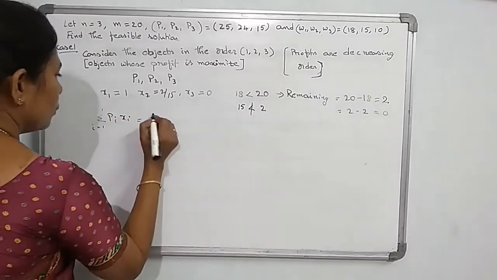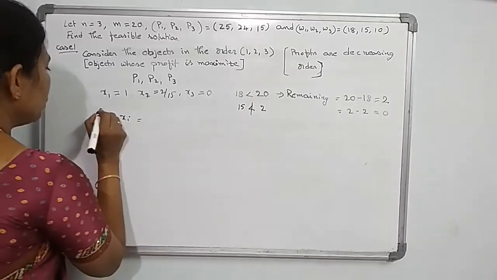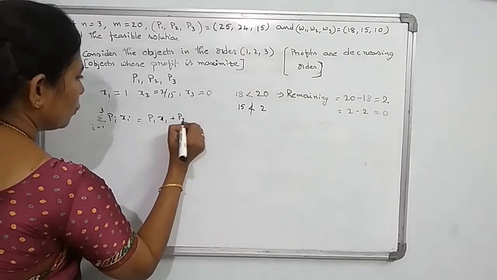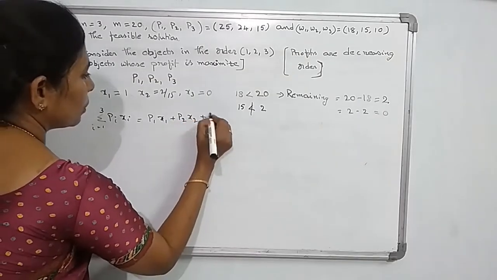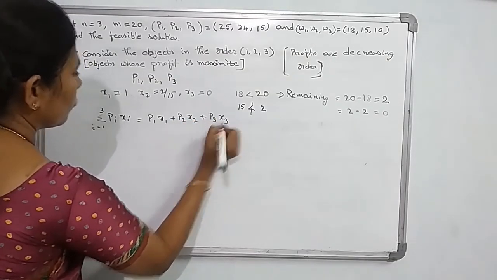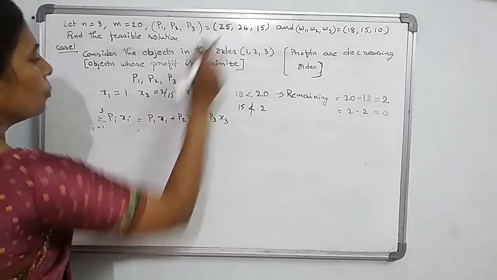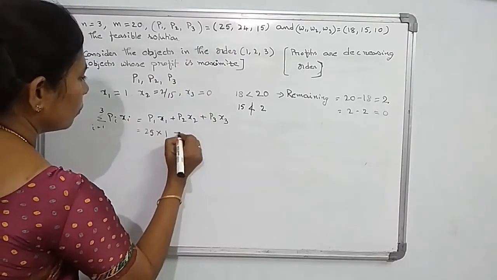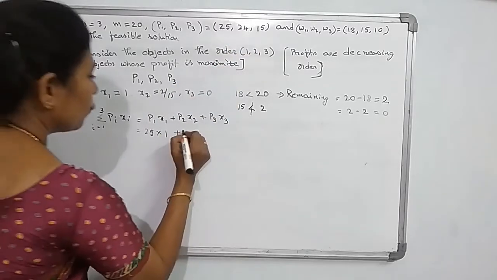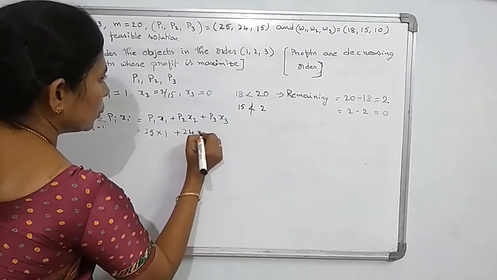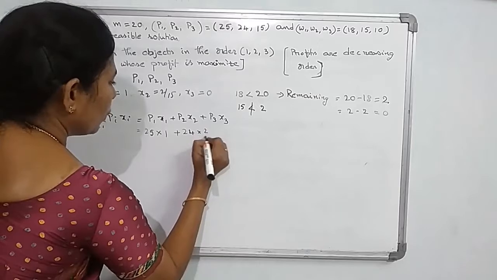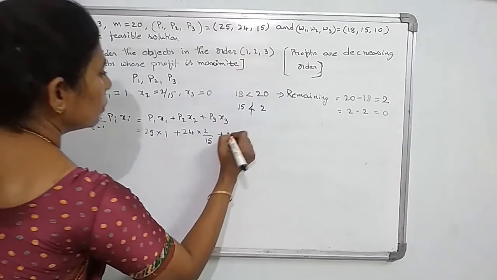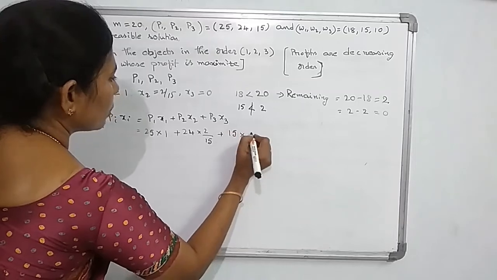That means in that i value is 1 to 3: p1 x1 plus p2 x2 plus p3 x3. p1 value is 25, 25 into x1 is 1, plus p2 value is 24 into 2 by 15, plus p3 is 15, x3 equal to 0.